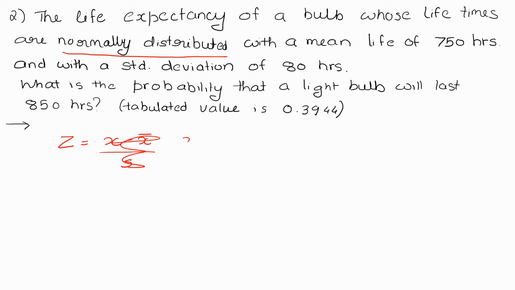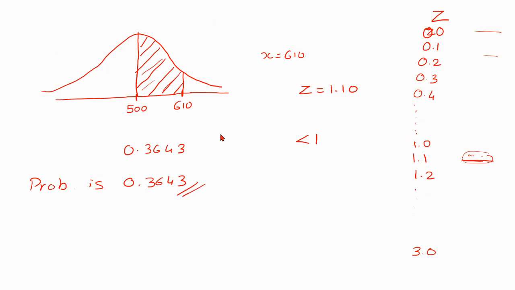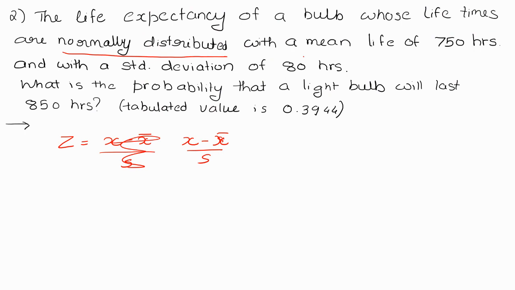With a mean life of 750 hours, that means x bar is equal to 750 hours. And a standard deviation of 80 hours, that means s is equal to 80.